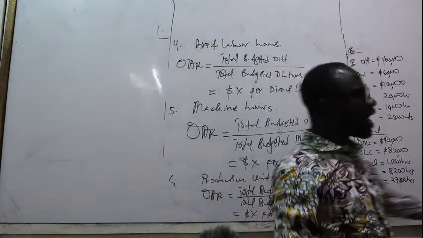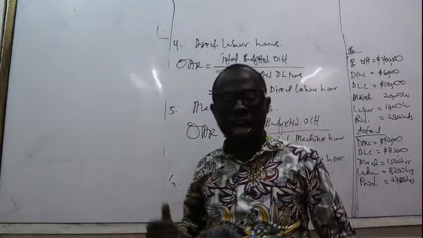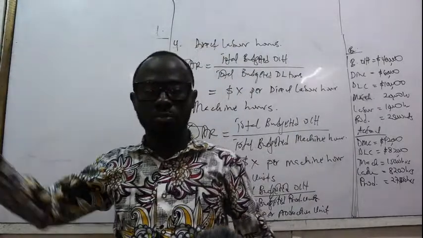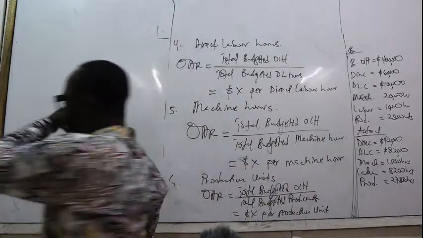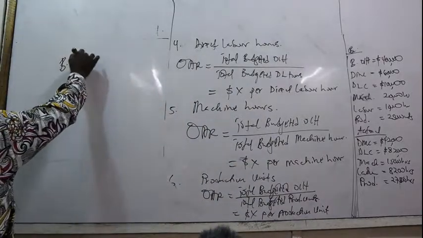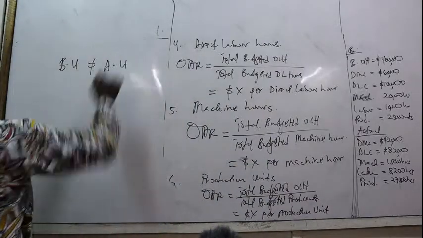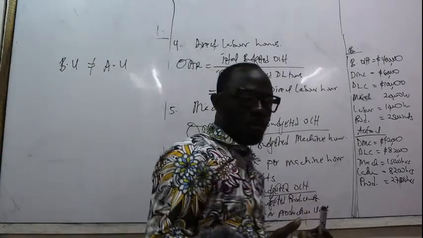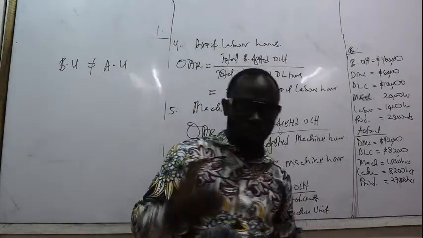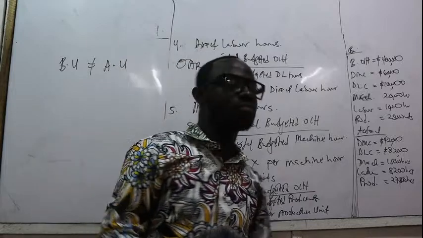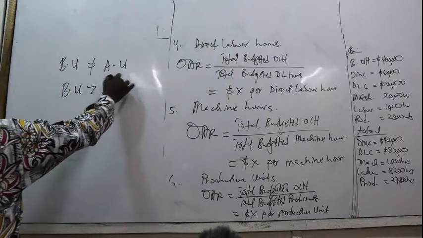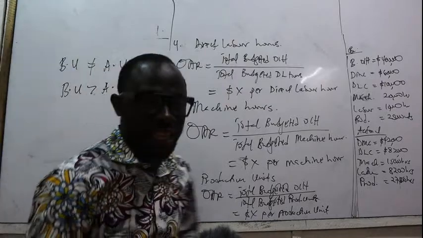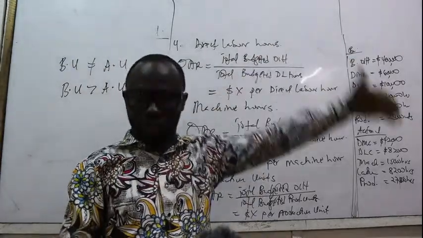Now, to decide whether overhead is over absorbed or under absorbed, the only thing you do is compare the budgeted unit with the actual unit. Where your budgeted unit is greater than your actual unit, we say that overhead has been over absorbed.